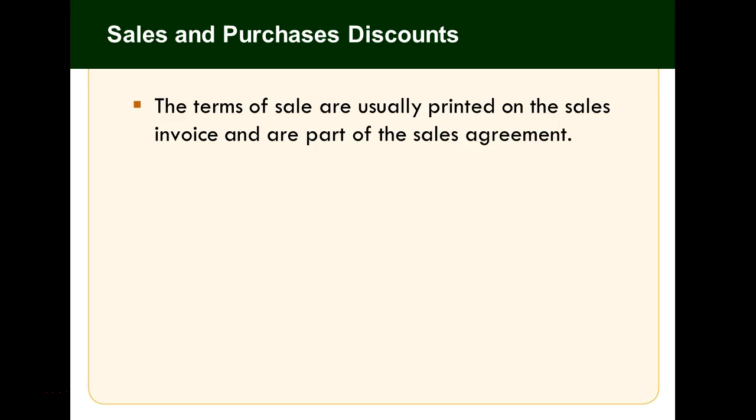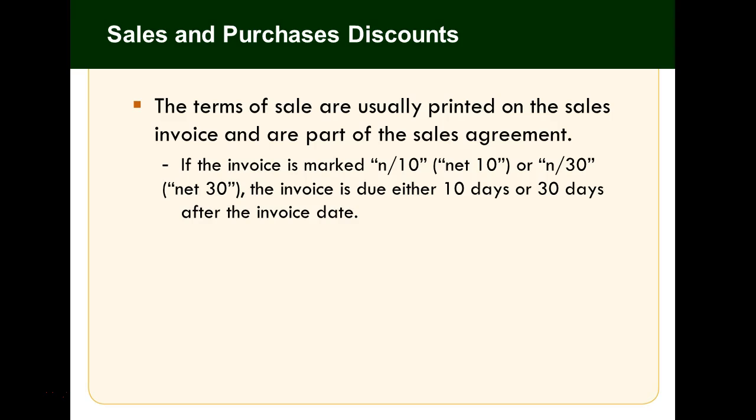Terms of sale usually are printed on the sales invoice and are part of what we would call the sales agreement or the sales contract. If the invoice shows net 10, it means the amount you owe is due within 10 days.